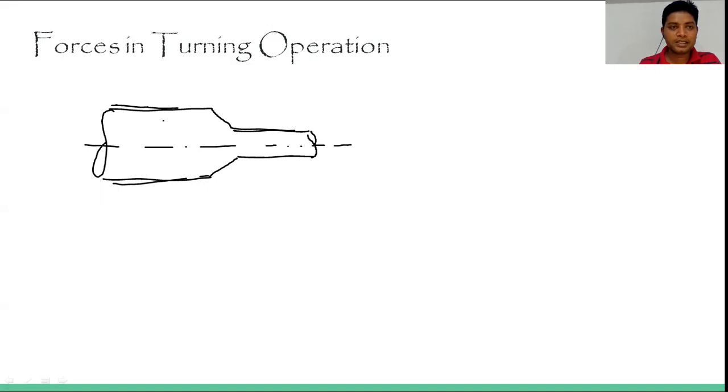Initially there is a capital D diameter, and after that the diameter will be D dash, because small d we are assuming is the depth of cut, so that's why we are not writing small d as the final diameter. Small d is the depth of cut that we have initially chosen. This is the prismatic bar, and this is our single point cutting tool.